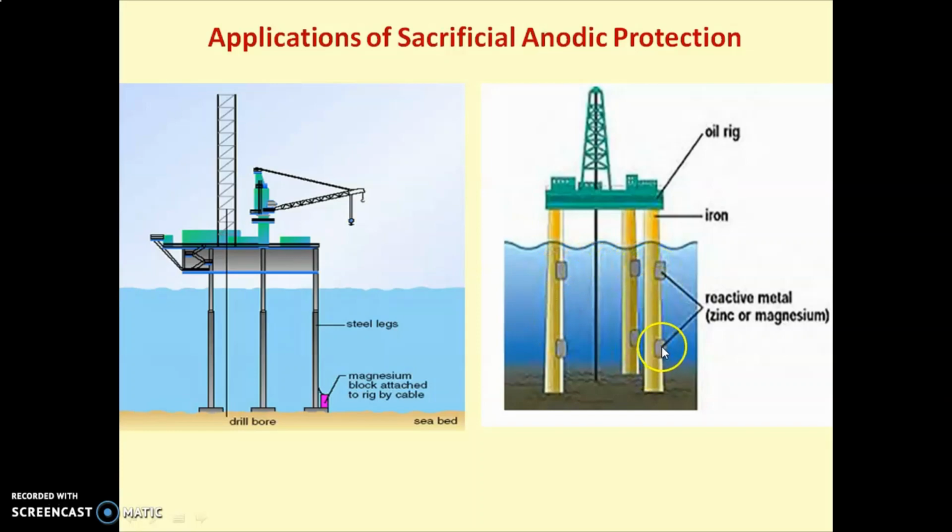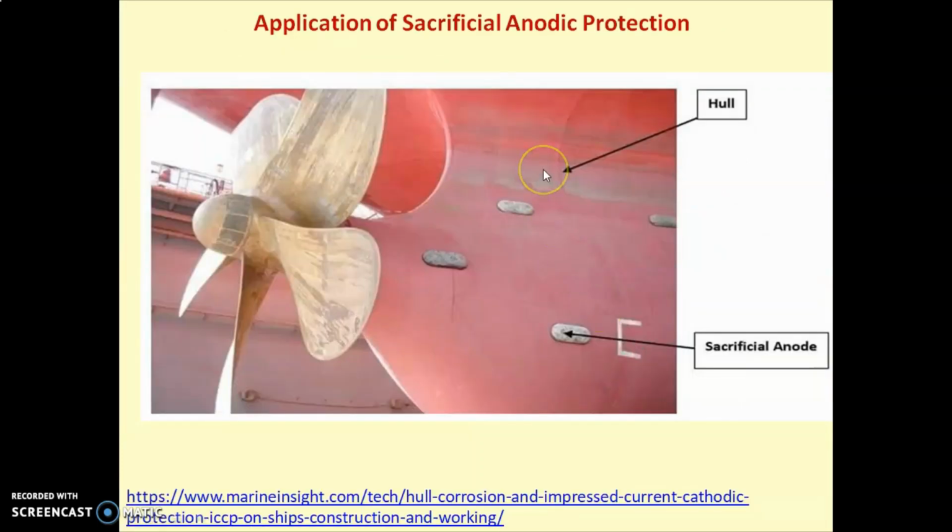If corrosion takes place at these blocks, the metal is protected. This is another example of sacrificial anodic protection, the protection of the hull of a ship. Now how is it protected? You can see here small blocks are there. These act as a sacrificial anode, right? So if corrosion takes place at these blocks, the entire hull structure of the ship is protected.